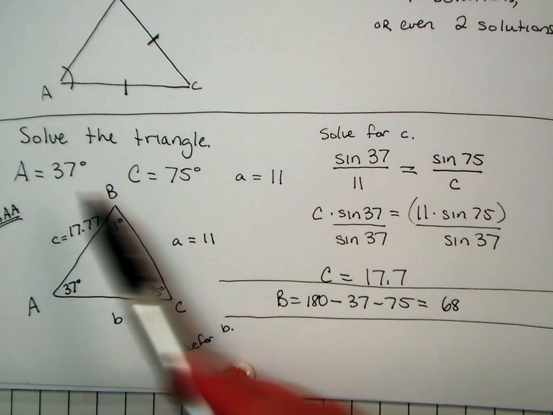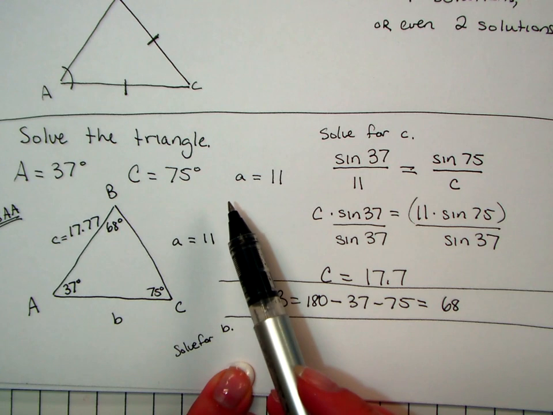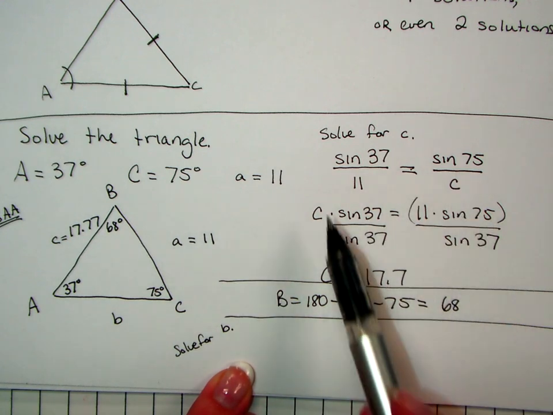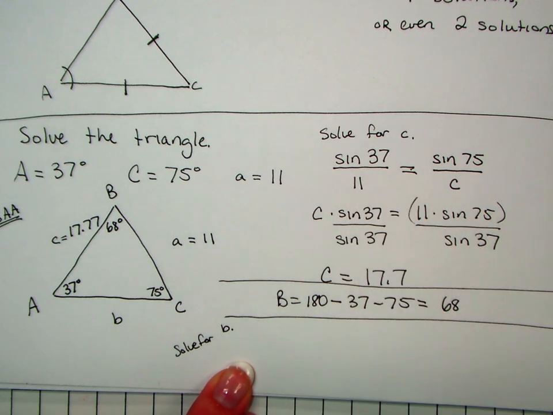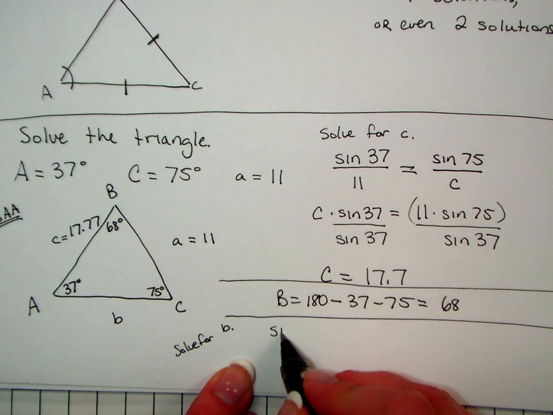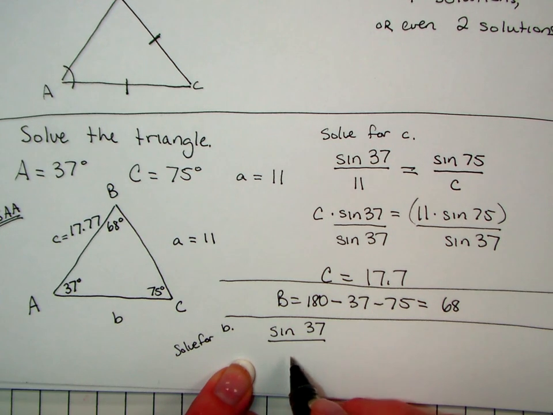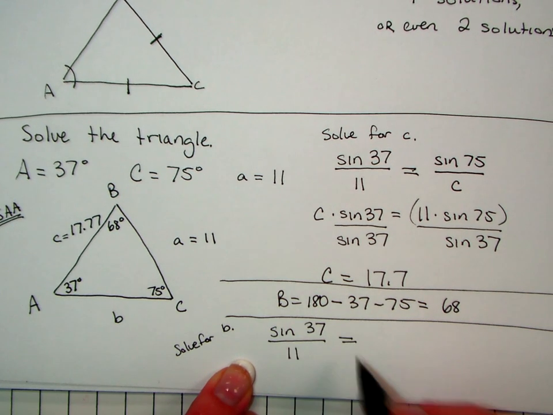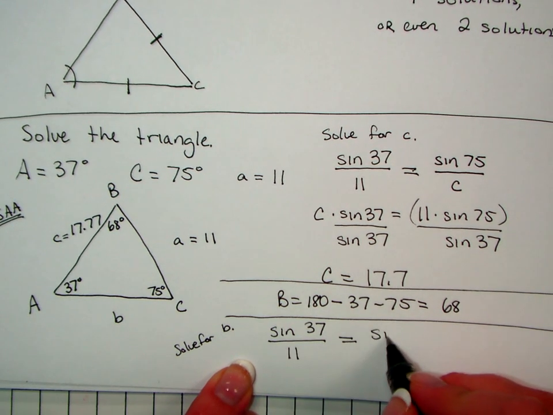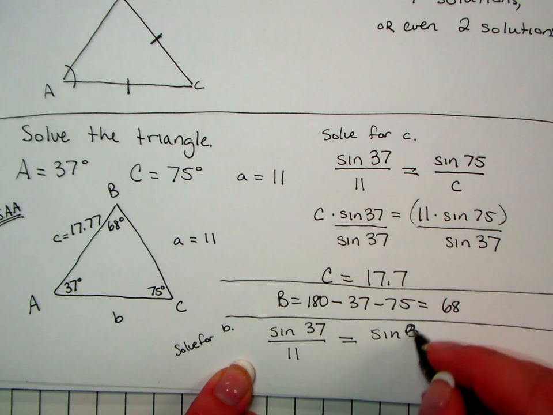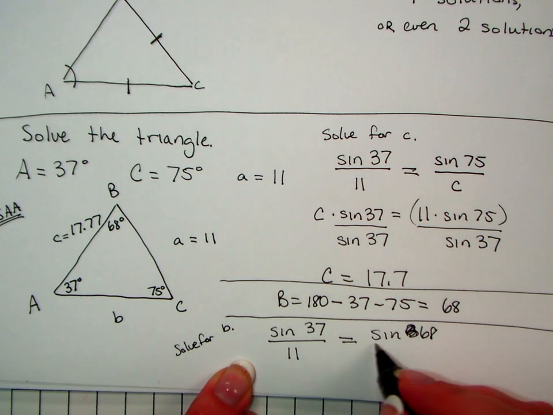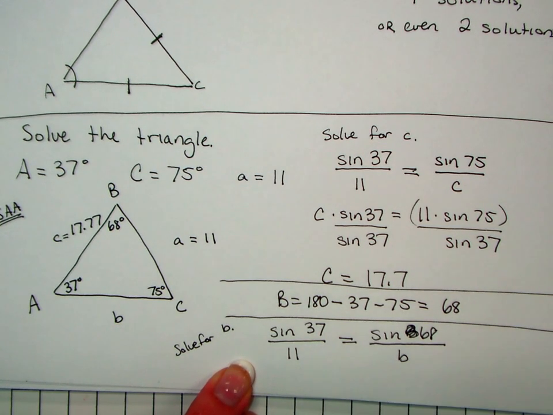I suggest you use the angle A proportion just because it was given. So just in case there was a mistake made in the other one, your next answer won't be wrong also. So I'm going to use angle A here. Sine of angle A divided by side a equals sine of angle B, which is 68, over little b. So again, I'm going to cross multiply.